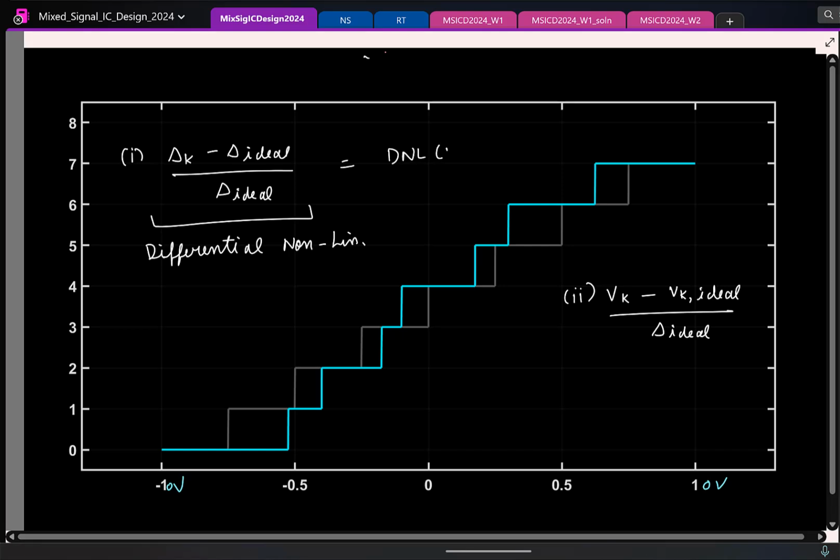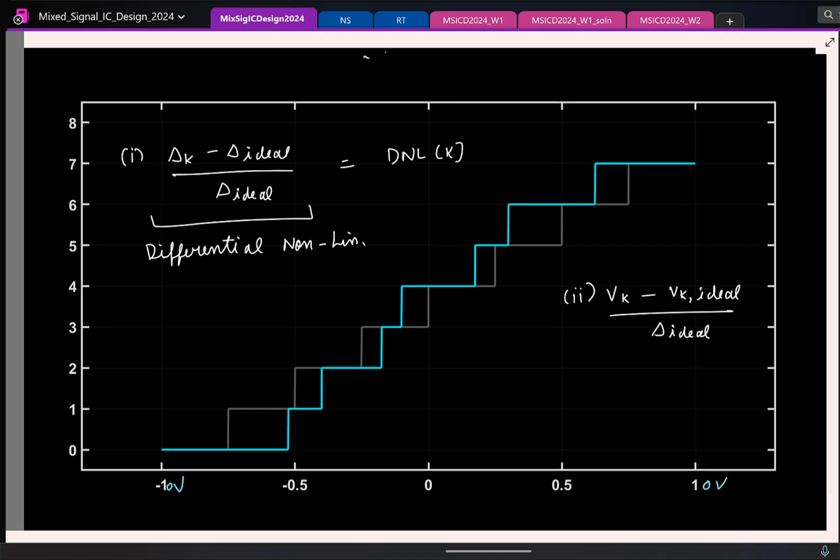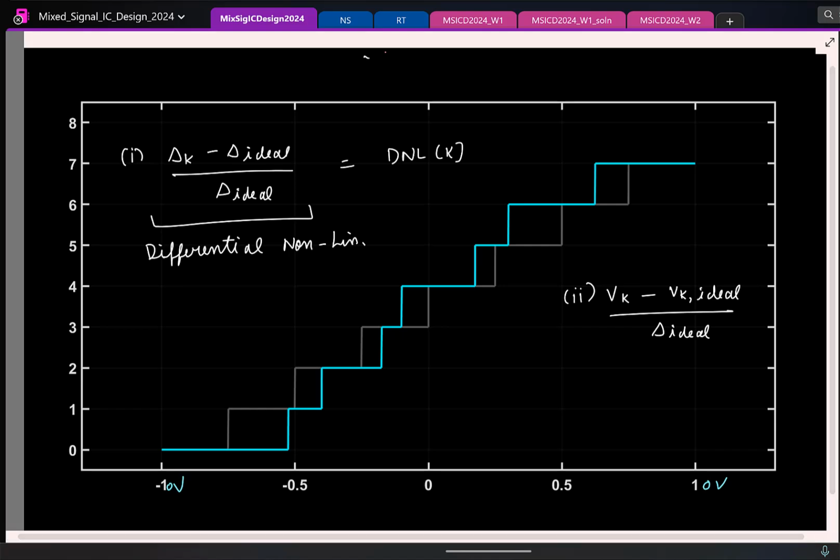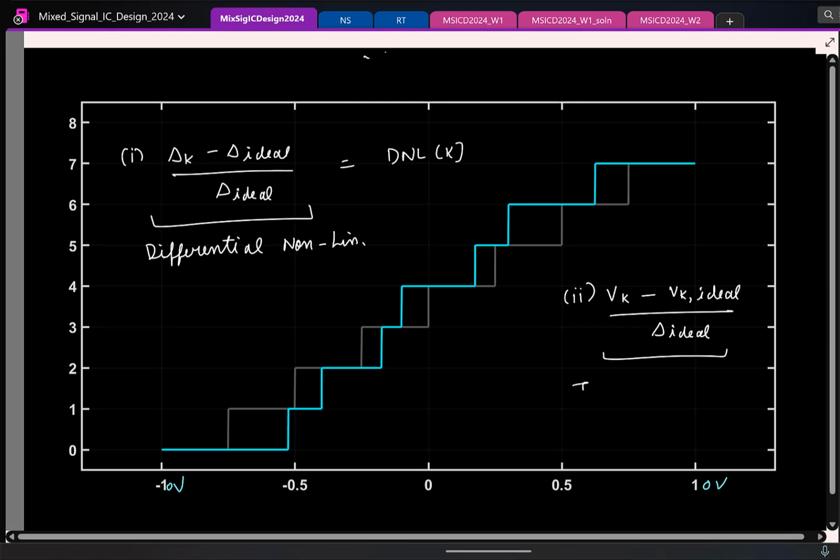So this is DNL for a code K. That is a deviation from the ideal characteristic of my quantizer, quantifying how much the step size is different from the ideal step size. Similarly, we have to give a name for this. This is called the integral nonlinearity, or INL.